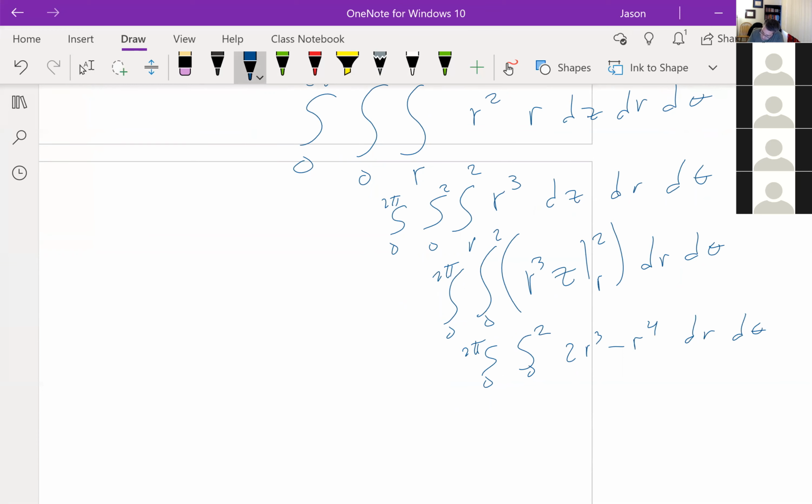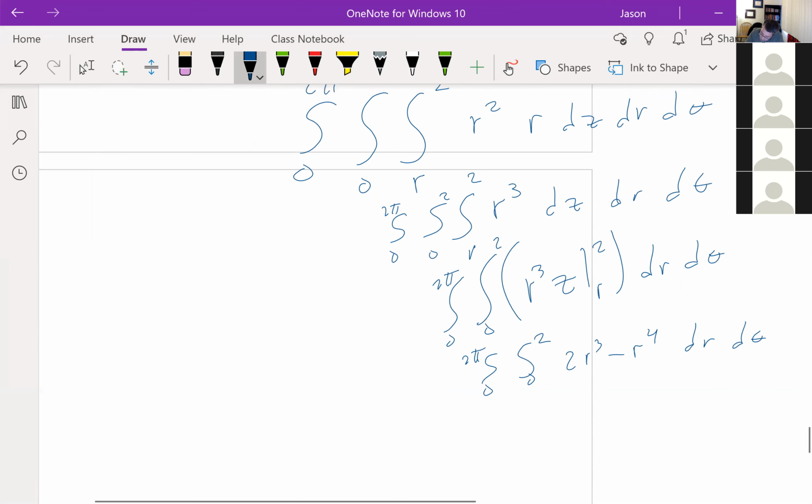Now we take the integral with respect to R. So this is 2/4 R to the 4th minus 1/5 R to the 5th from 0 to 2.